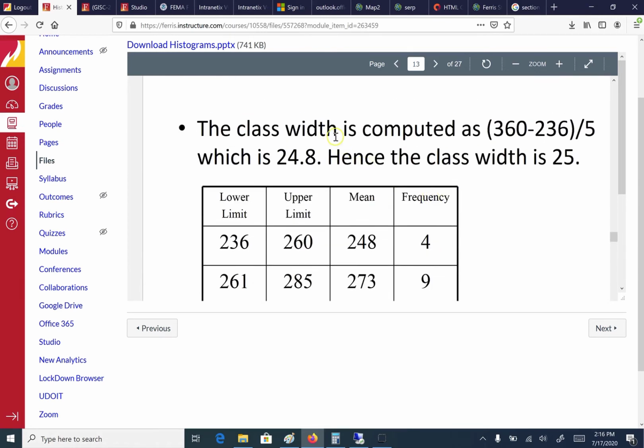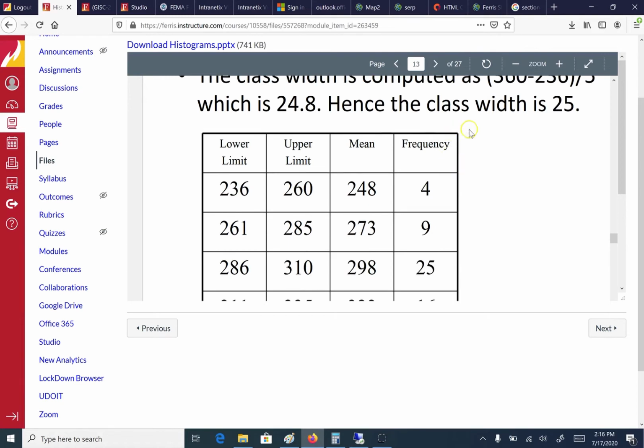So how do we compute the class width? Take the difference of the lowest and the highest divided by 5, which would be 24.8, so we can round that up to 25. So each class gets a 25-hour width.